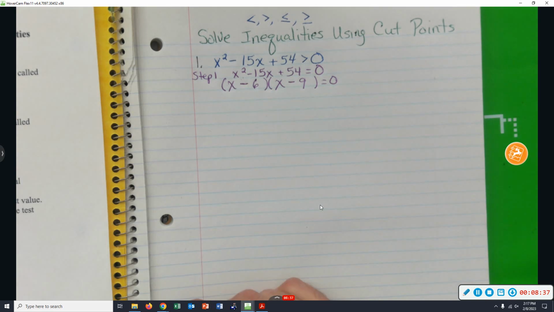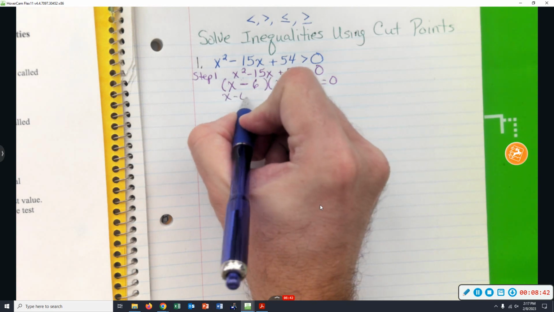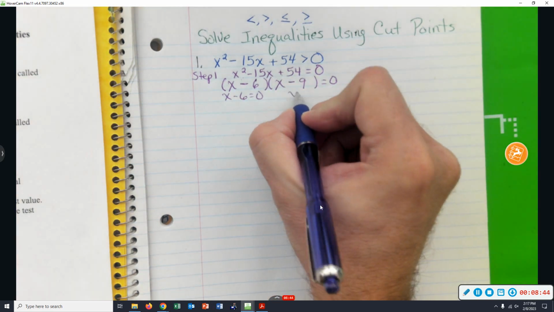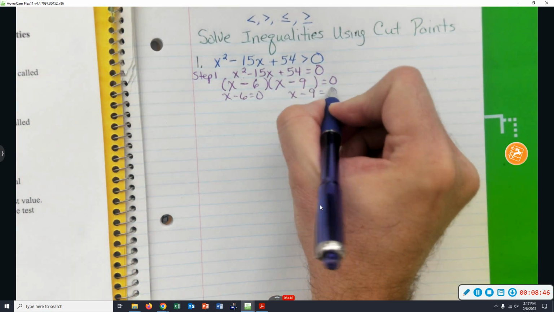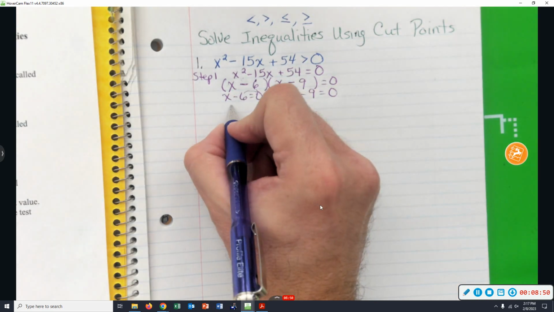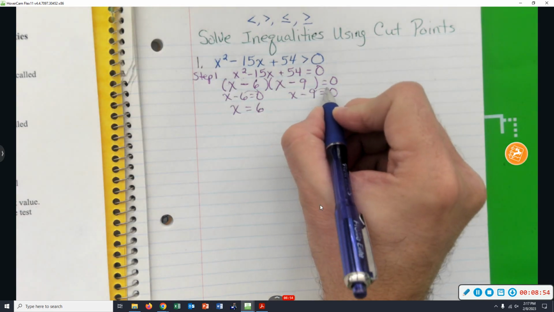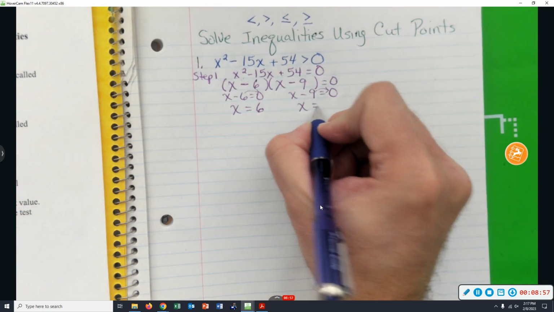So we factored it correctly, set each factor to 0, move the 6 over, we get x equals 6, and what's our other cut point here?